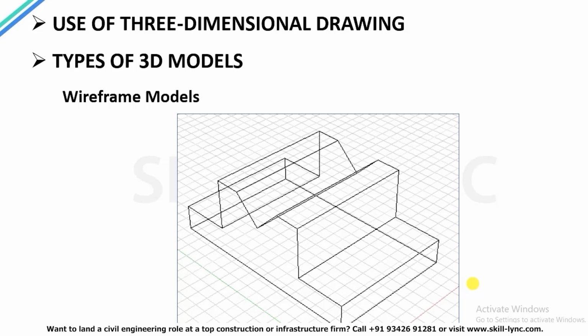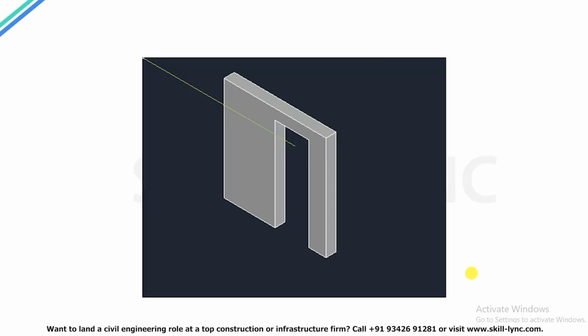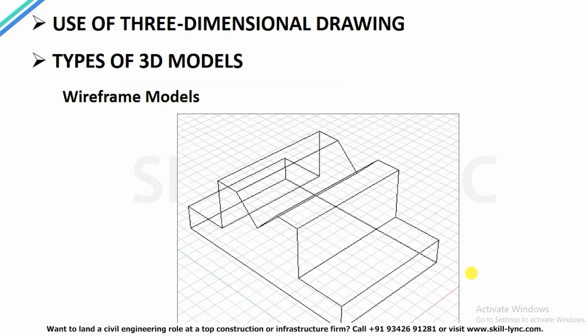In AutoCAD, we can model a building, an element, or a structure, so that easy communication can be made between different stakeholders, and the actual end product is easily visualized and can be seen how it is going to be constructed or manufactured. Now, let's come to AutoCAD and start with different kinds of 3D models.